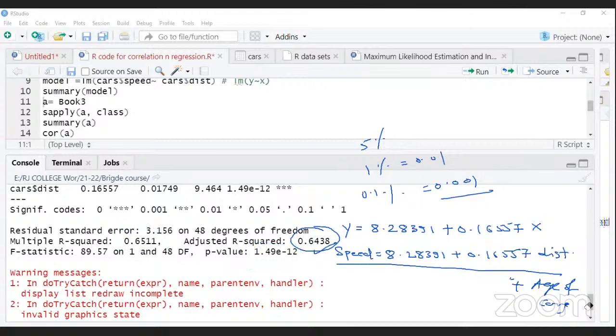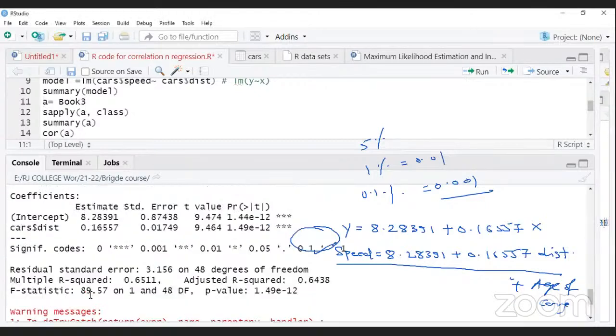If you look at this data thoroughly, there they have used the t-test, but here they have used the f-test. Now look, these are all basics which you understand when you study theory. Based on this value, you can say whether the overall model is significant or not.